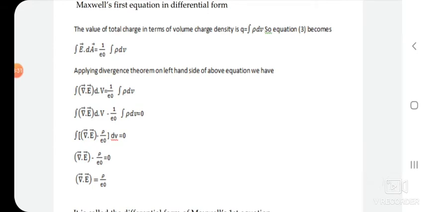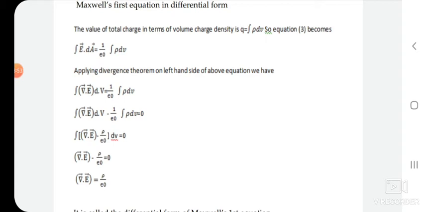The value of total charge in terms of volume charge density rho: rho is nothing but charge per unit volume, therefore Q is equal to the integral of rho dV.